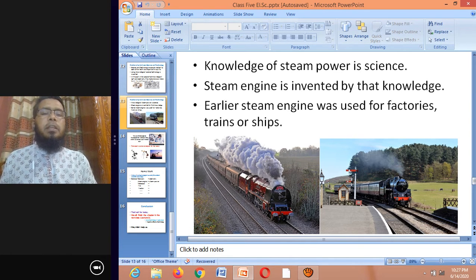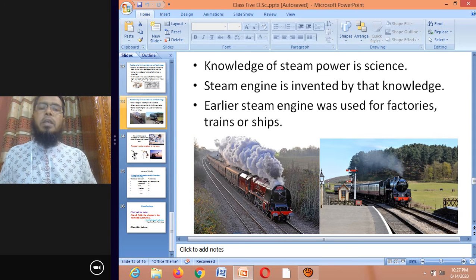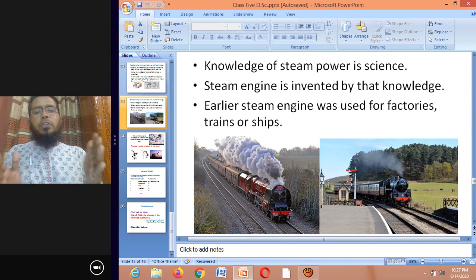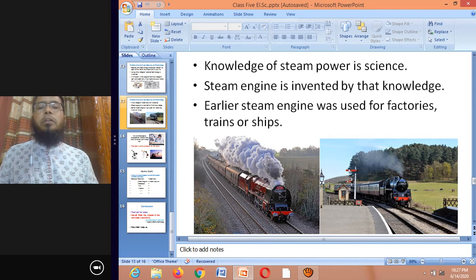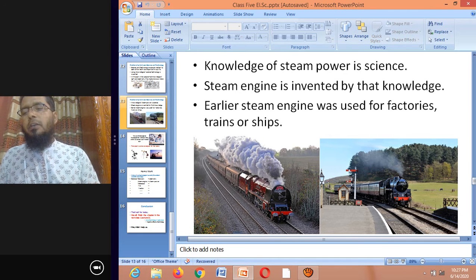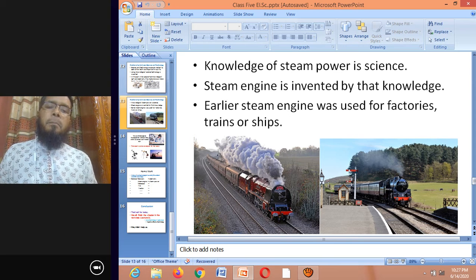So the steam engine was invented by that knowledge. The knowledge is science. So this is the relationship between science and technology. I repeat, knowledge of steam power is science. So science and technology are related to each other. Without science, technology cannot be done.